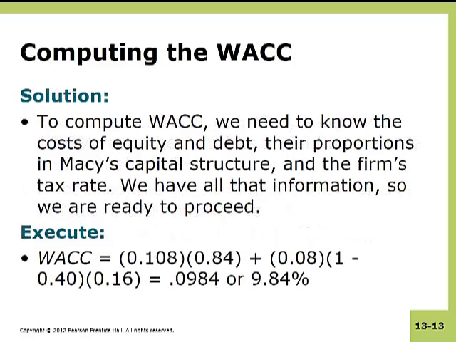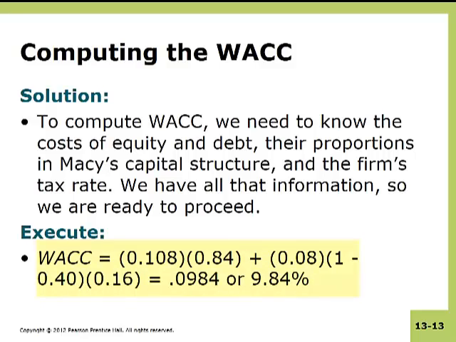So, to solve this, we are going to put it into the weighted average cost of capital formula, realizing that all we need to know are the cost of equity and debt and their weights, or their proportions in the capital structure.